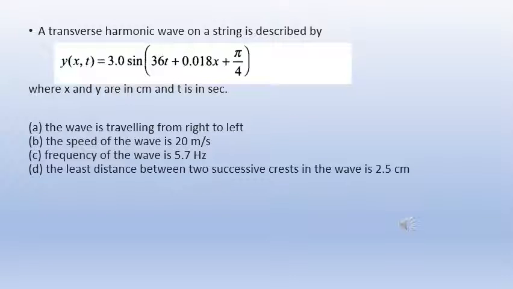Another example of a numerical on a plane progressive wave, where the wave is represented as y = 3 sin(36t + 0.018x + π/4).